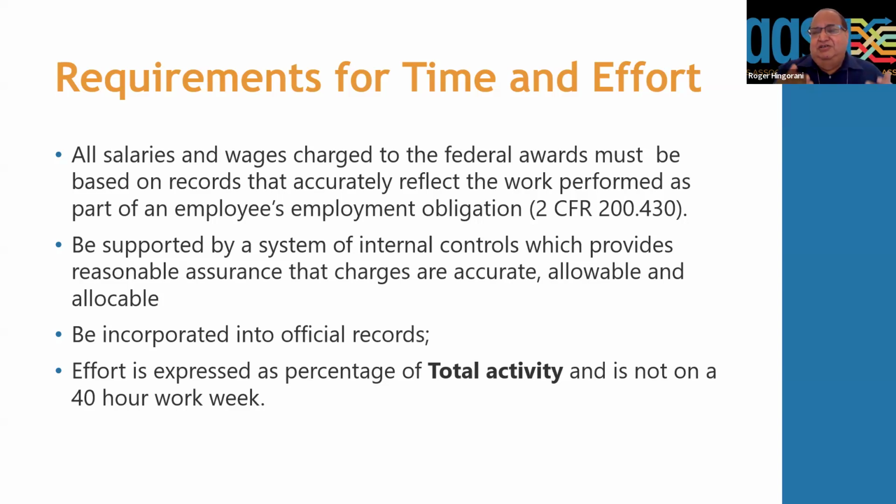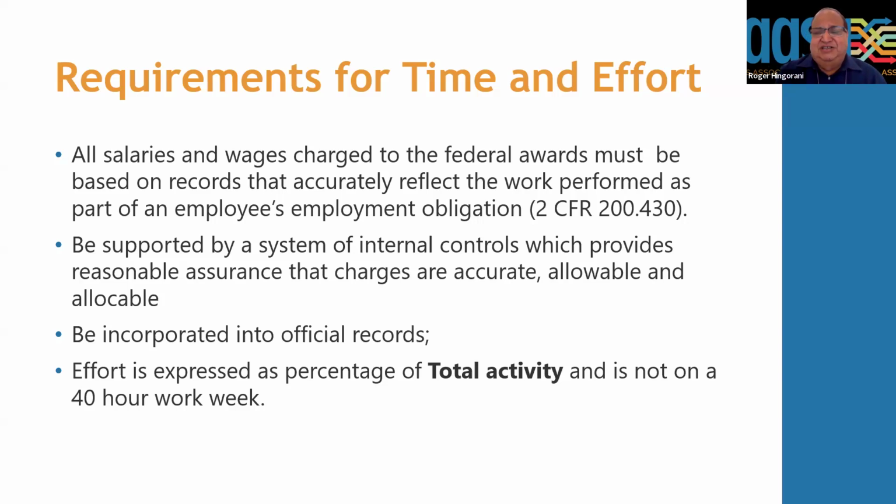So as long as you have documentation that you could show how you were able to allocate the work performed for the grant, and it meets all the requirements, then it's good to go. But as far as the typical requirements for time and effort, all salaries and wages charged to the federal award must be based on records that accurately reflect the work performed as part of employees' employment obligation.